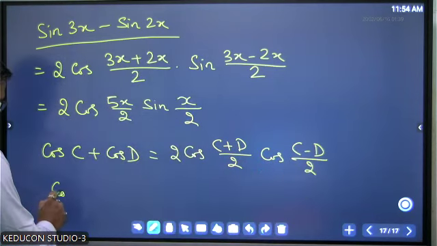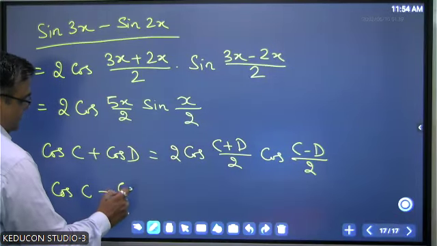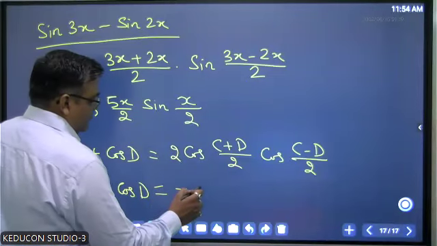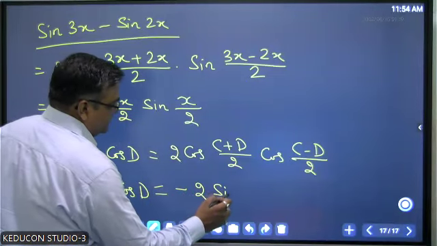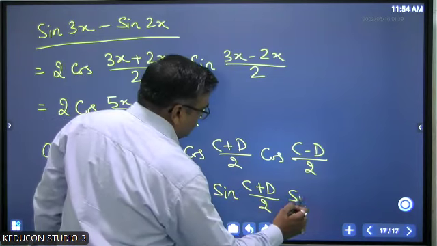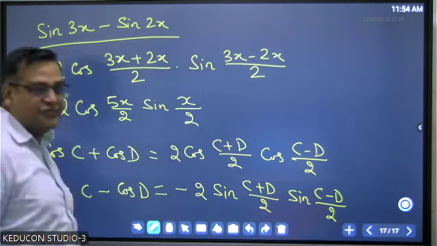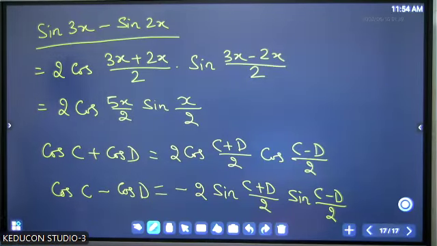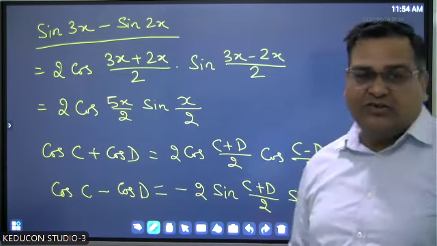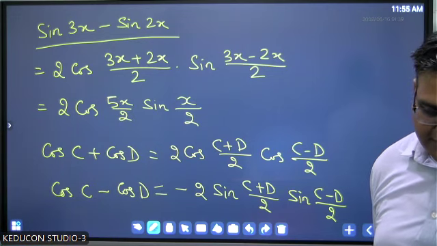And next formula is cos C minus cos D. And this is minus 2 sin C plus D by 2 sin C minus D by 2. So these are the four formulas which are known as sin C and D formulas. 2 on sin, 2 on cos. So you can note down, students.